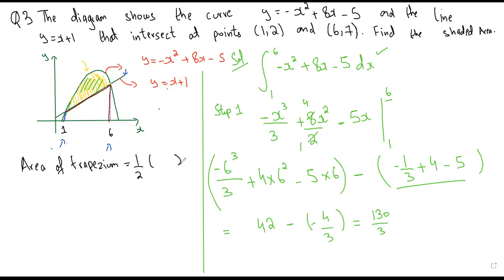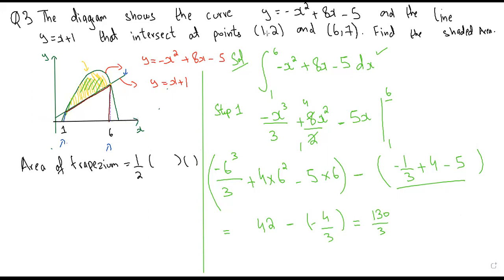Now we need to use our previous knowledge. What are the two parallel sides? This is the first parallel side, so the length is, sorry, the length is not 1. I'll write down the length. 2 plus 7.